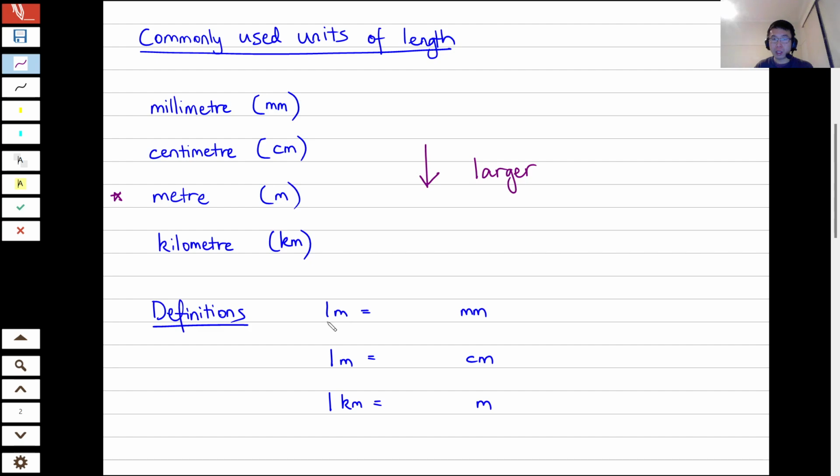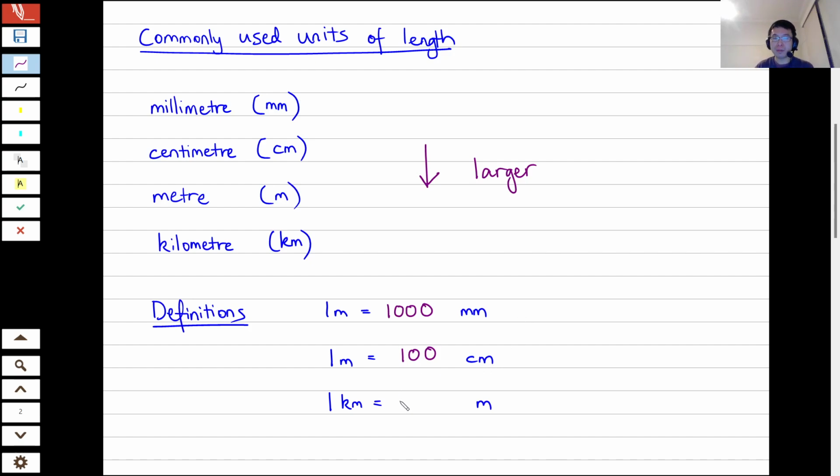So if I want to convert from 1 meter to millimeters, I need to know this definition. That 1 meter is the same as 1,000 millimeters. Similarly, I need to know 1 meter is the same as 100 centimeters.